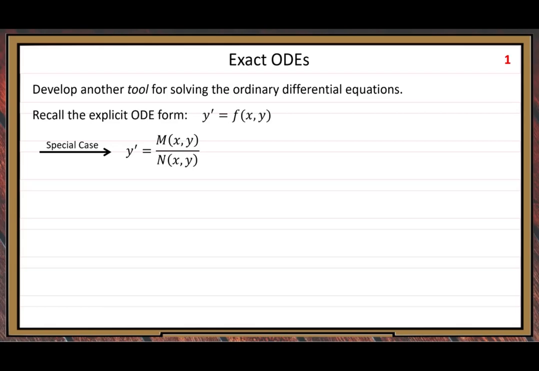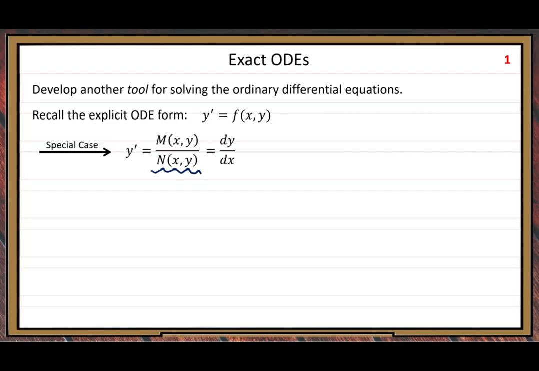So we want to consider those f functions that have this fractional form. The numerator function is the m function with two variables, x and y. The denominator function, another function, we call the n function with x, y variables.